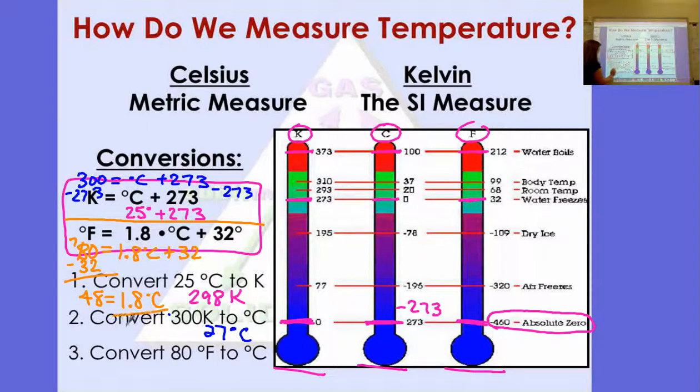To get rid of the 1.8, I divide both sides by 1.8. 48 divided by 1.8, keeping two significant figures. If you punch that into your calculator, it should be 27 degrees Celsius. So by now you should be able to convert temperatures, Kelvin, Celsius, and Fahrenheit.